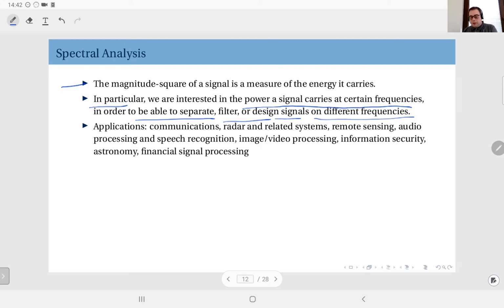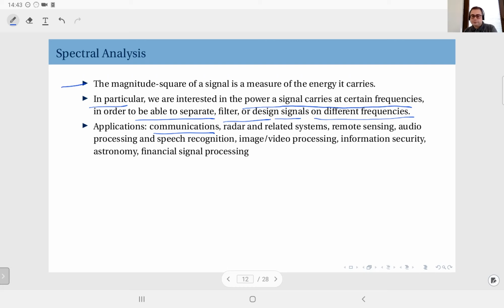Some obvious applications are in communications. We have different frequency bands in broadcast technologies like television or radio, and in two-way communications like cellular communications, satellite communications, or Wi-Fi.